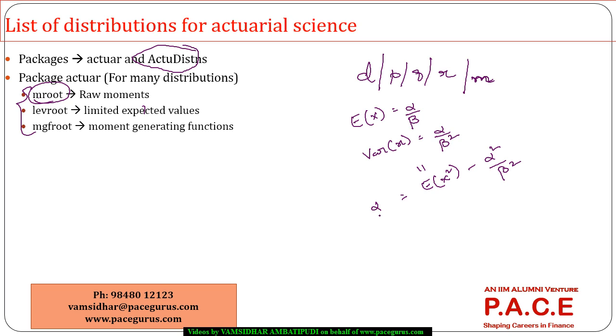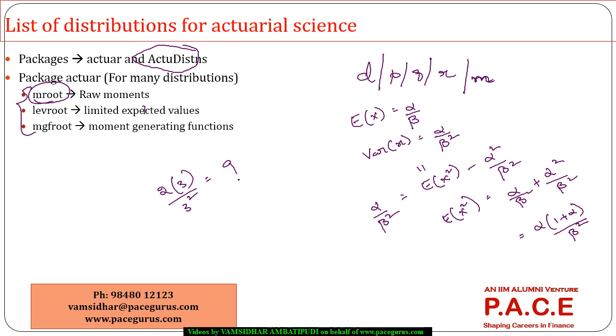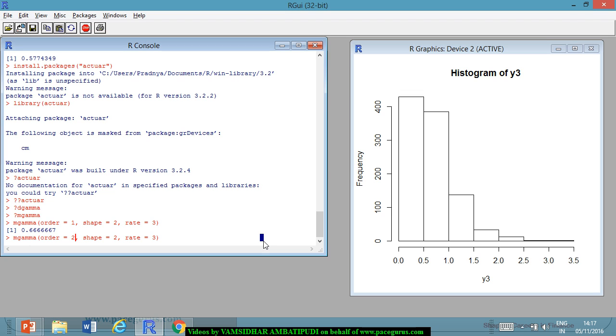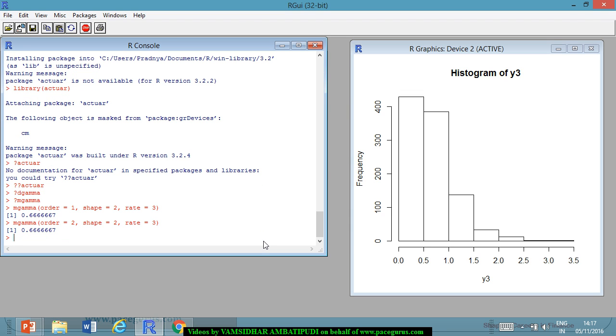So the expected value of x squared is alpha by beta squared plus alpha squared by beta squared, which makes it alpha into 1 plus alpha, by beta squared. That is the expected value of x squared. With alpha 2 and beta 3, that is 2 into 3 by 3 squared, which works out to 2 by 3 only. Let's take the second order. In this case, the second order also works out to be the same, which is what our calculation says too.